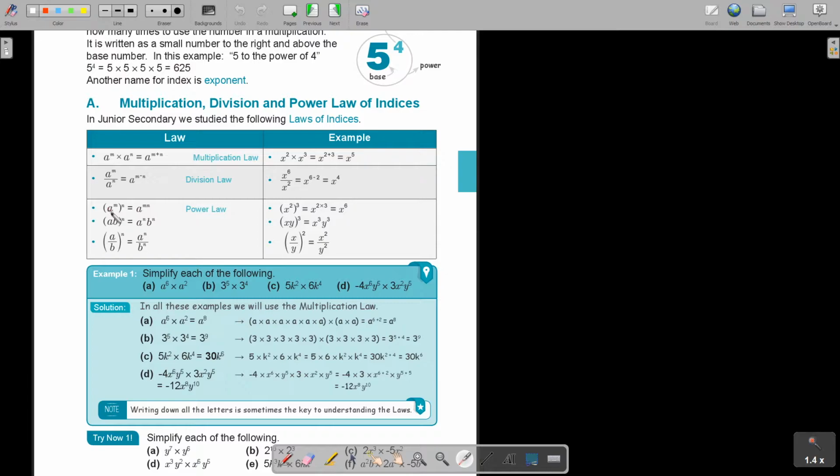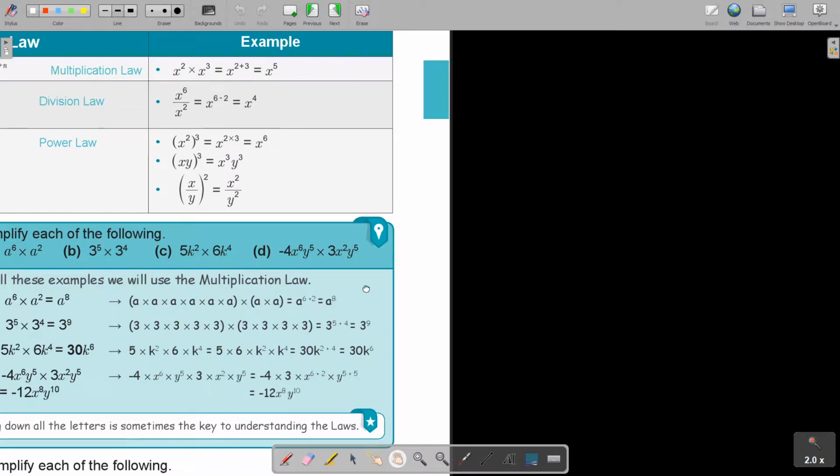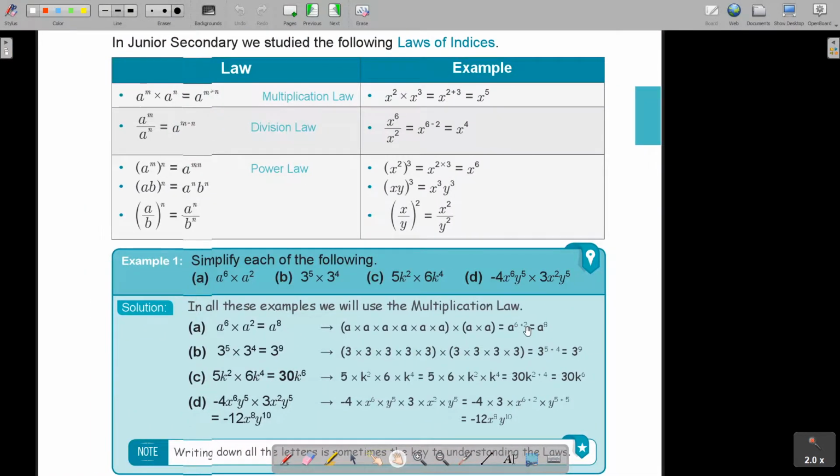And if I have a base with a double index, then I multiply. And if there are two bases, then this index is going to be for this one as well as for that one. The same, if you have division, then this index is for this one as well as for this one.